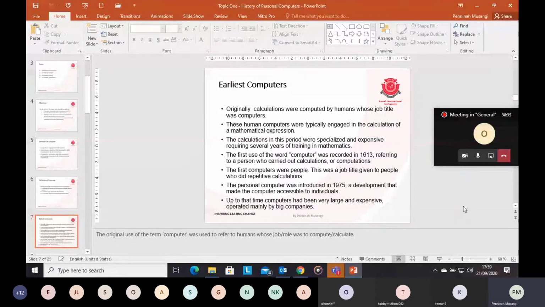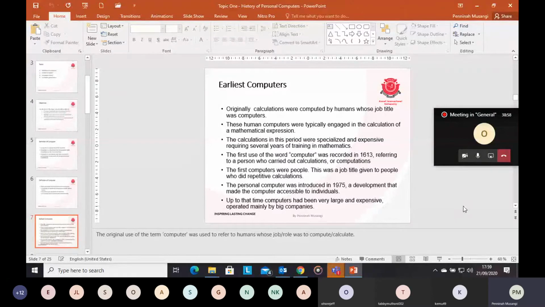And therefore, computers ceased to be just computers, and that term came in, personal computers, meaning it can be owned by an individual. And that's the reason the next bullet says, up to that time, computers had been very large and expensive, and they were majorly operated by big companies.